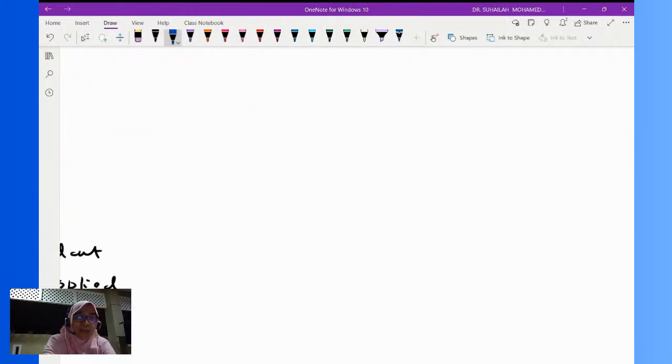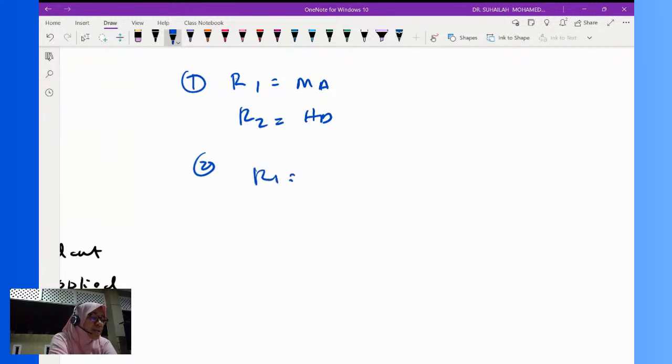Because remember, we have three choices, three options, three primary frames. The first possibility: R1 is MA, R2 is HD. The second possibility: R1 is MA, R2 is HA.